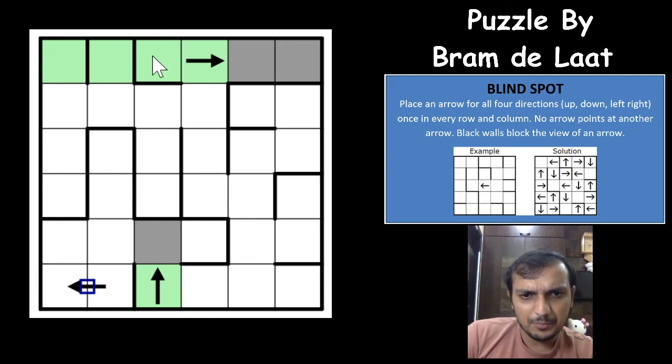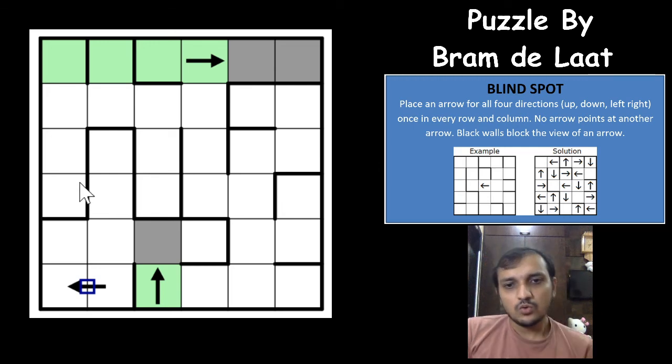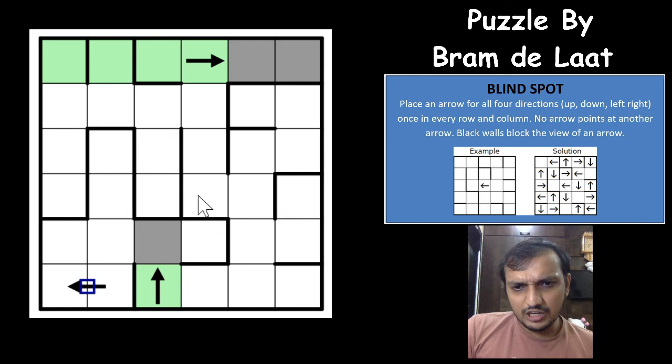You cannot have an upper arrow here, so upper arrow will have to be in one of these two cells. Upper arrow cannot be in these two cells. Okay, so if you see here, left arrow in this column can only be in these two cells.